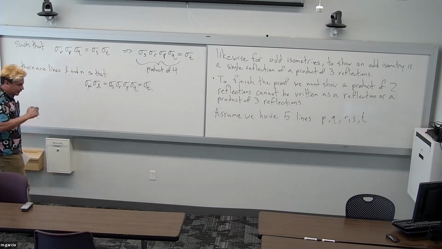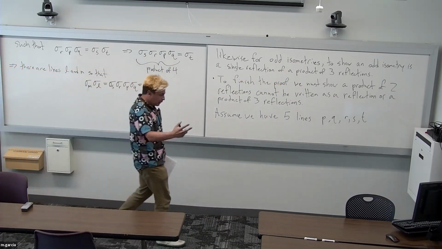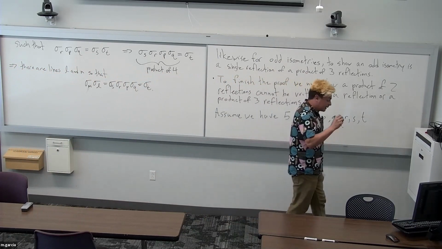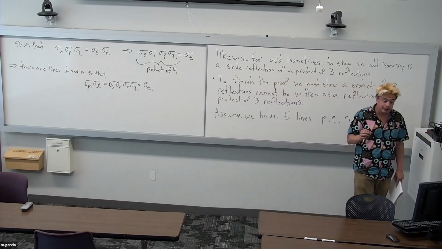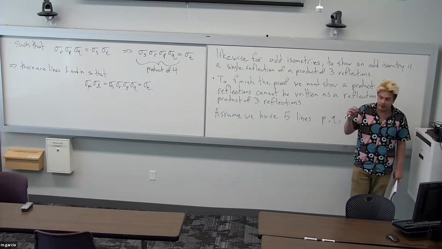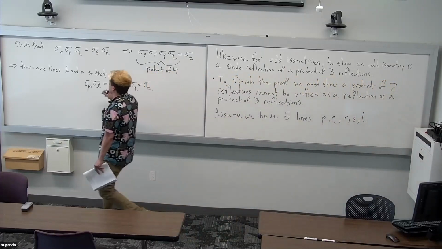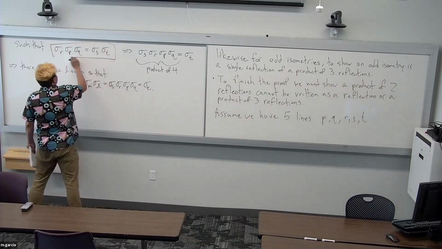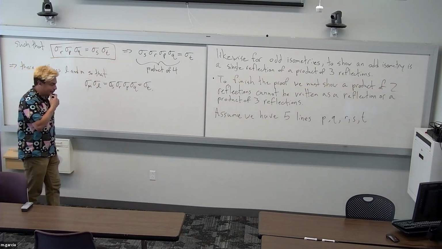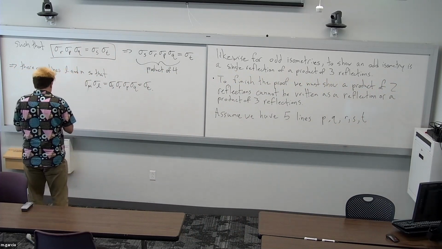Okay? So in other words, once we verify the case that two reflections cannot be expressed as one reflection, then we will have necessarily shown this case that we started with can't happen. Okay?